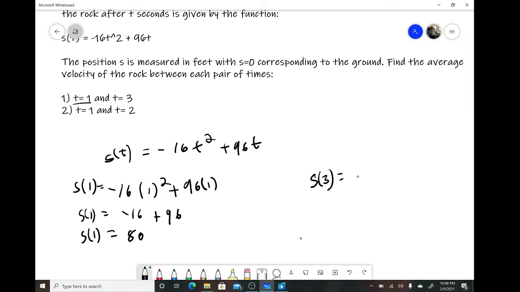And then for s of 3, when we plug 3 into our function, we have negative 16 times 3 squared plus 96 times 3.